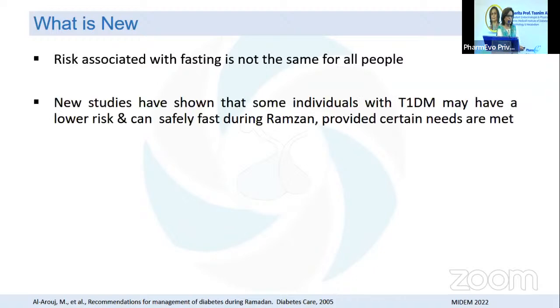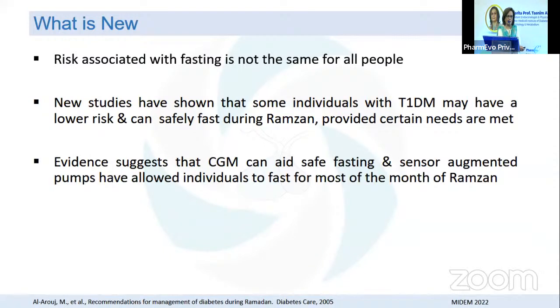The new studies show that some individuals with type 1 diabetes may have a lower risk and can safely fast, provided certain needs are met. And I talked about what the needs are. Evidence suggests that CGM can aid safe fasting, and sensor-augmented pumps have allowed individuals to fast for most of the month of Ramzan.